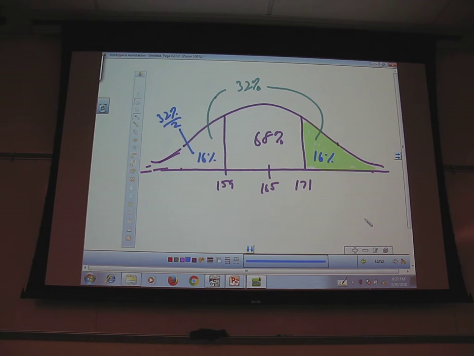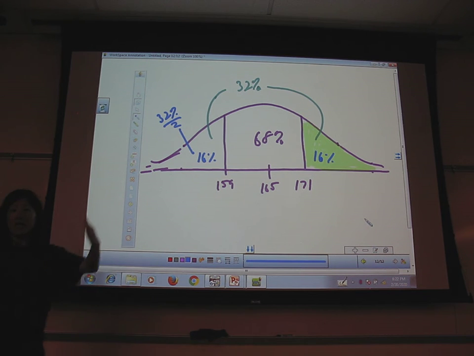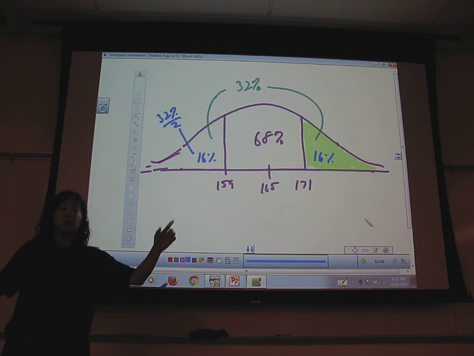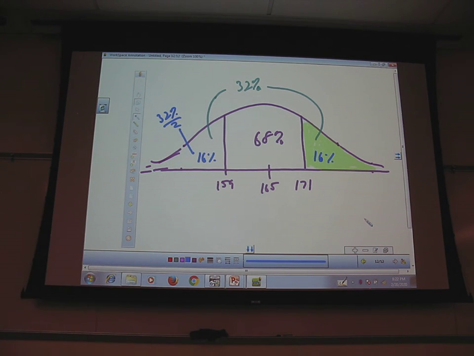Make sense? Same idea on your homework. If it's 2 standard deviations, then it'd be 95% on the inside. What's on the outside? Total on the outside would be 5%, and then 2.5% here, 2.5% there. Okay. Good.